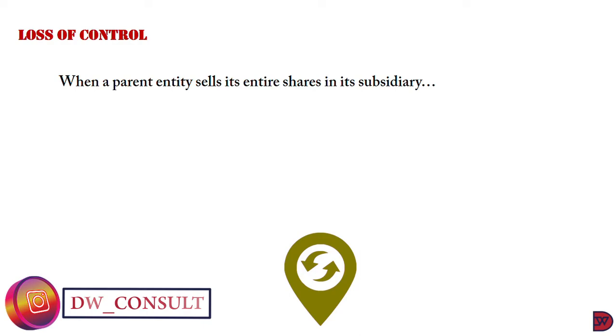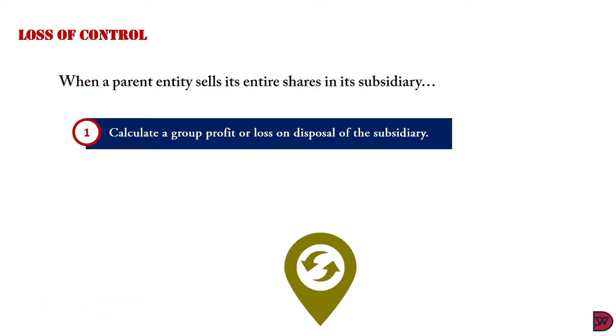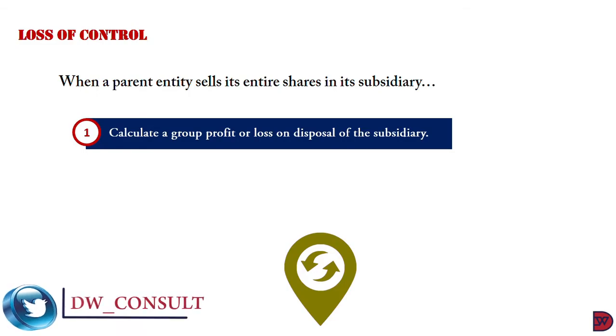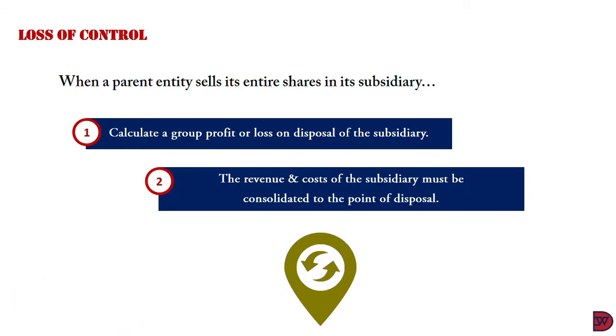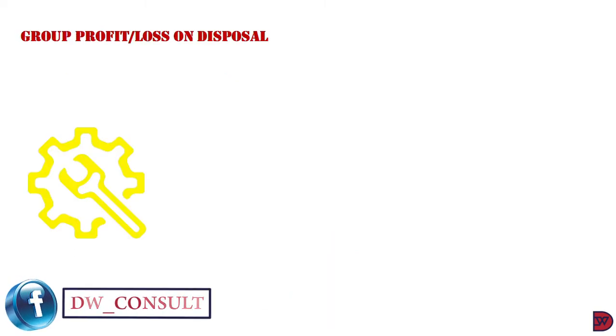When the parent entity sells its entire shares in its subsidiary, it has to first calculate a group profit or loss on disposal of the subsidiary. Then the revenue and cost of the subsidiary must be consolidated to the point of disposal. Now we're going to take a look at how to calculate the group profit or loss on disposal. So for the workings, we'll start with the proceeds of sale, the amount the parent received for selling its entire shares.